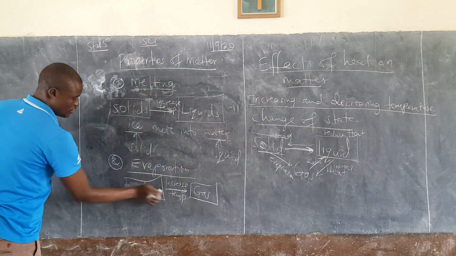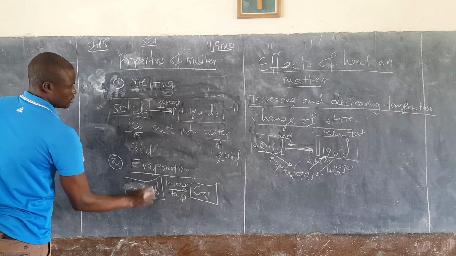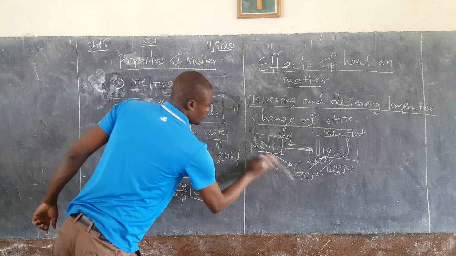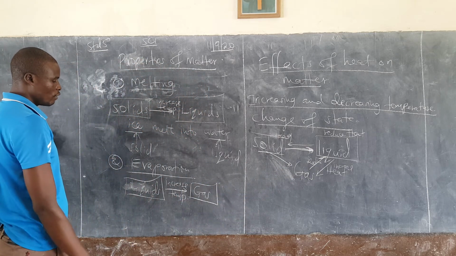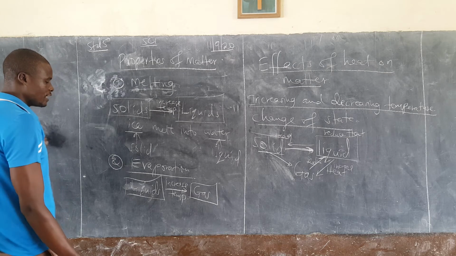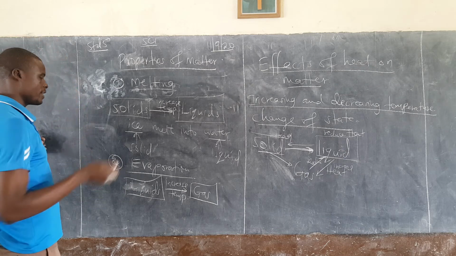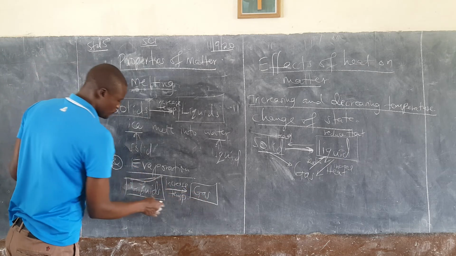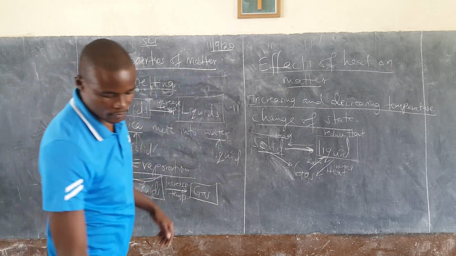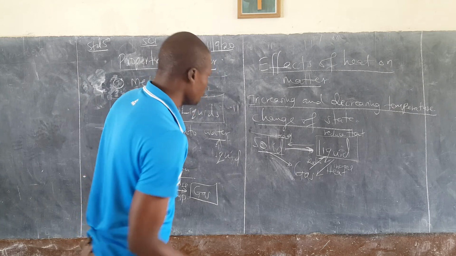I wrote it wrongly. This is liquid. It is liquids changing directly to gases. You just take water, heat the water, and you see the water evaporating in the air, meaning the liquid, through evaporation, will change to the gases that we are seeing there. So that also means increase of temperature.